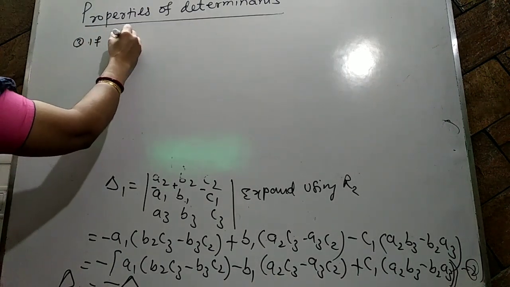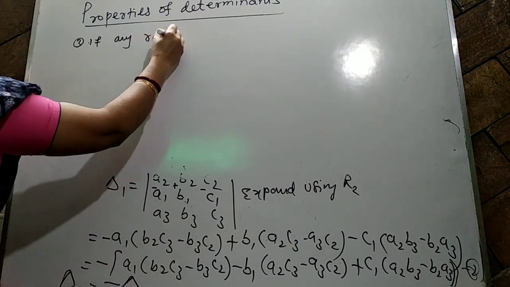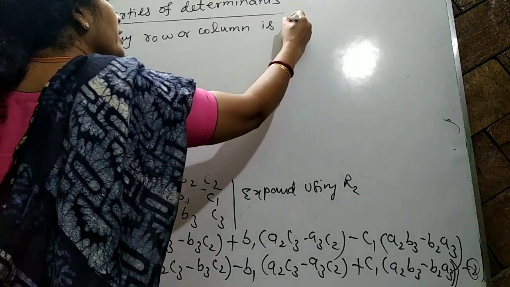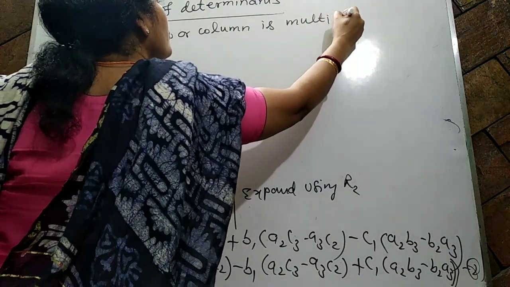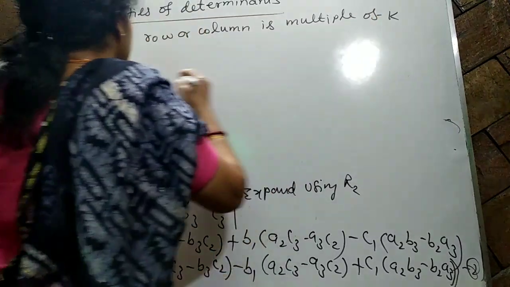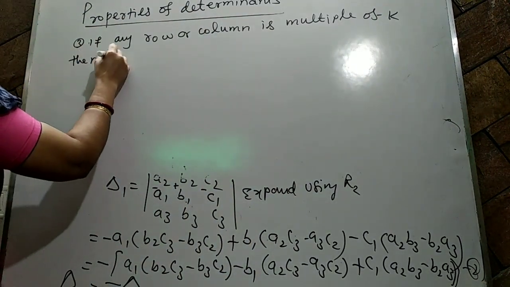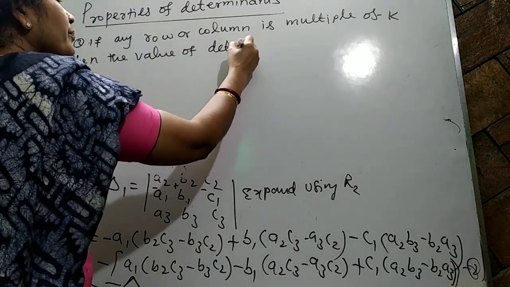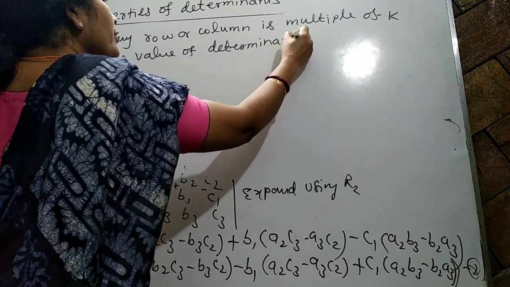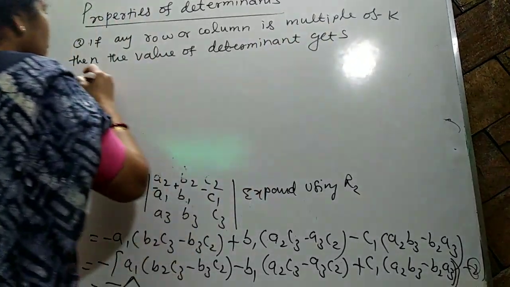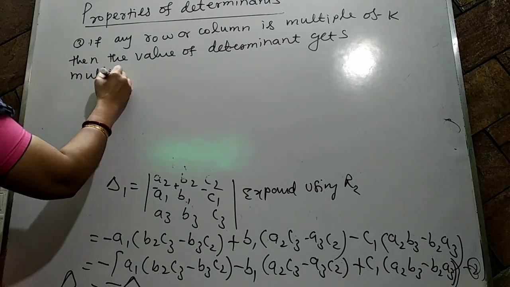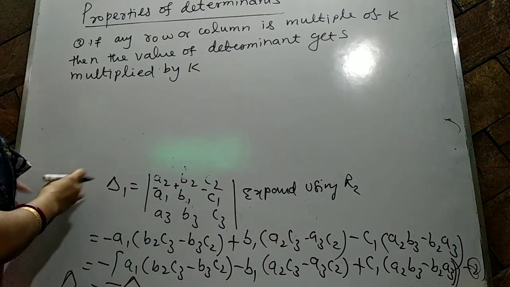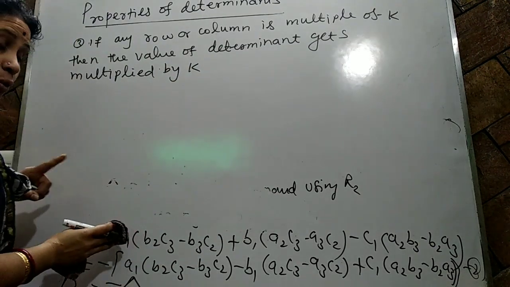If any row or any column is a multiple of k, then the value of the determinant gets multiplied by k. Once again, if any row or any column is a multiple of k.